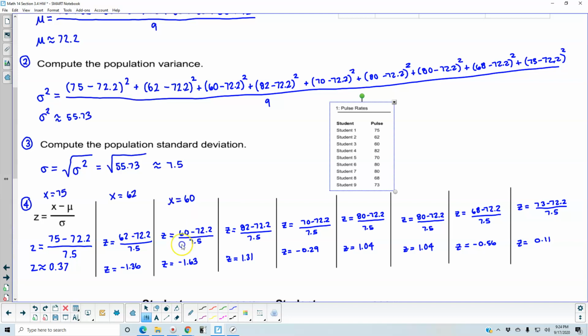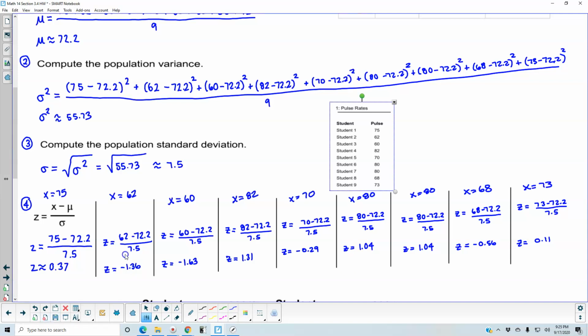Again, we plug it into our z-score formula to get negative 1.63. Next, x is equal to 82, then x is equal to 70, x is equal to 80, x is equal to 68, and then x is equal to 73.